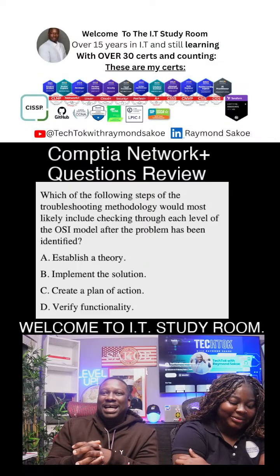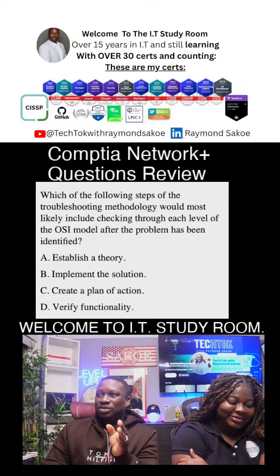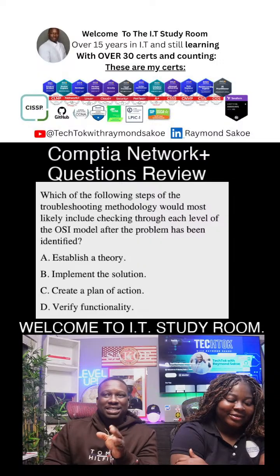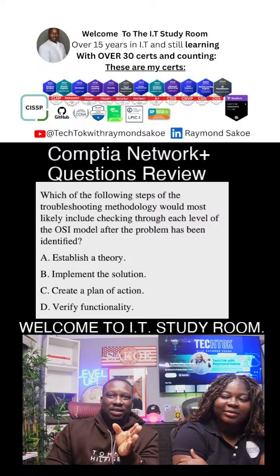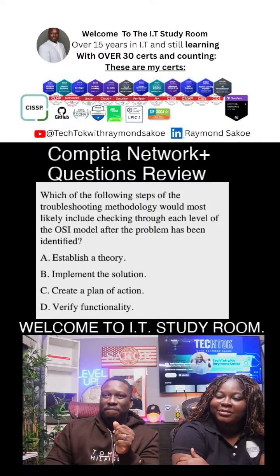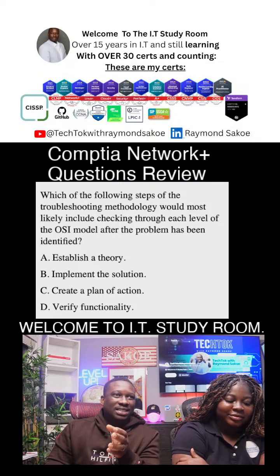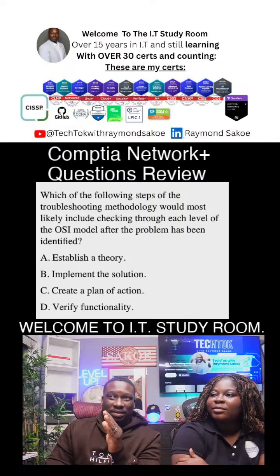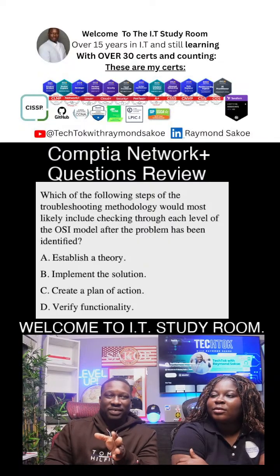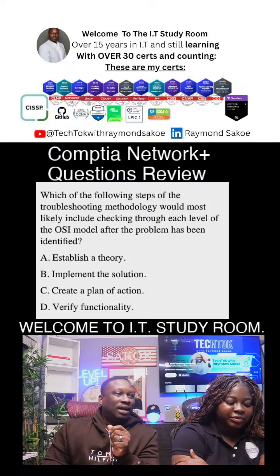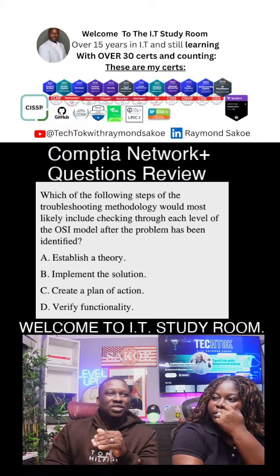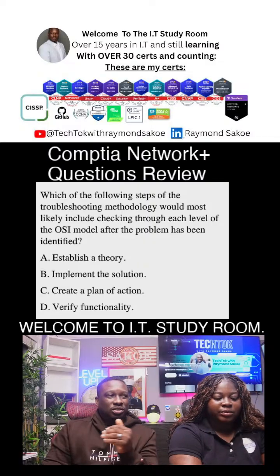And that is when the OSI model comes in, right? So for those that are interviewing for IT roles, especially the entry level roles, most of the time, you get an interview question that says, how would you troubleshoot? Using this methodology, the CompTIA methodology is perfect, right? And also emphasizing using the OSI model, right? So the OSI model gives you a layer approach to troubleshooting, right?